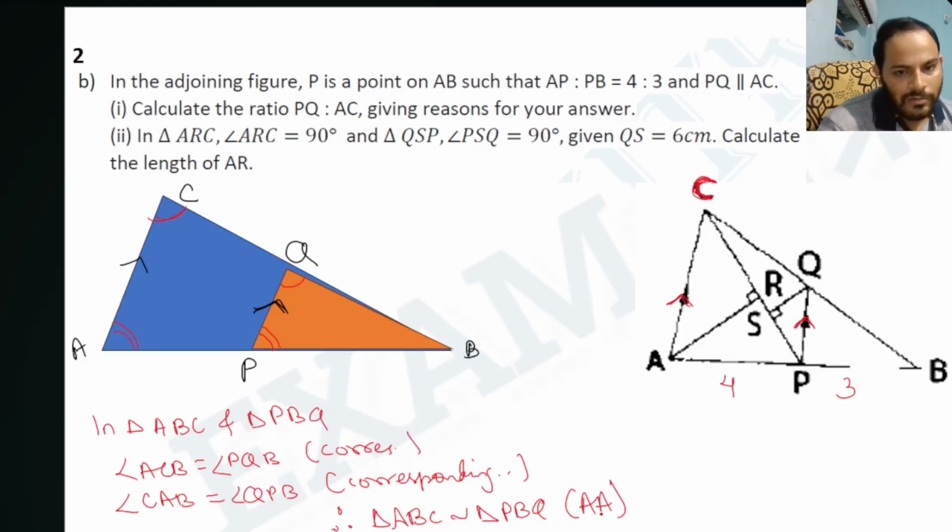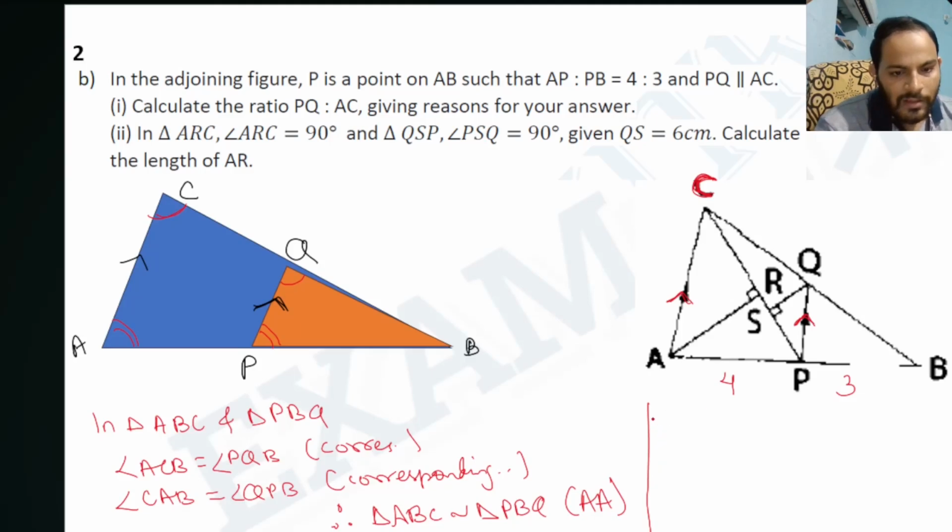Now, why did we make them similar? Just to use the concept that if two triangles are similar, then the ratio of their corresponding sides are equal. So from here, this implies corresponding sides. Now see which side is corresponding to which side.